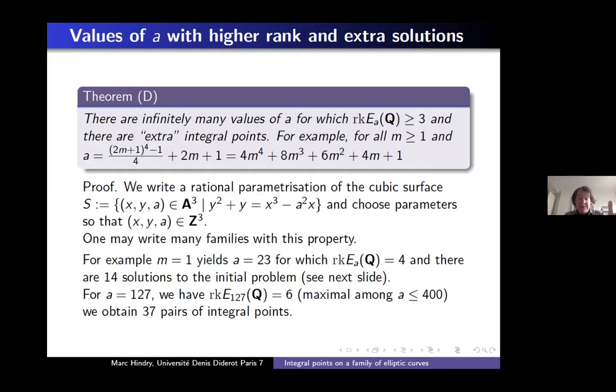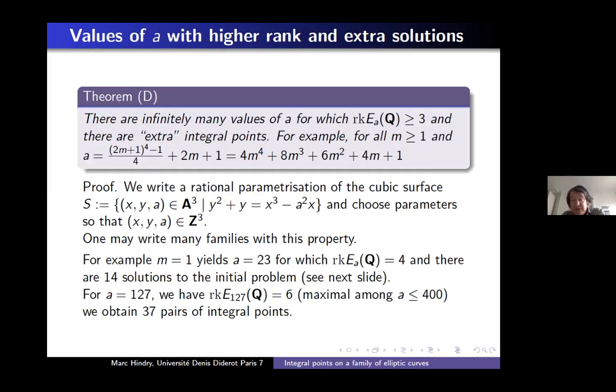For the A's of the form 4m^4 plus 8m^3 plus 6m^2 plus 4m plus 1, there's always rank at least 3, and always some extra integral points. I didn't write D, but we could write the formula. So I have the first example: when you take m equals 1, you find A equals 23.